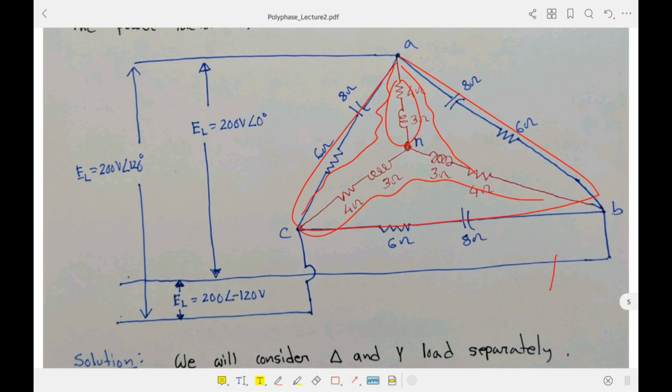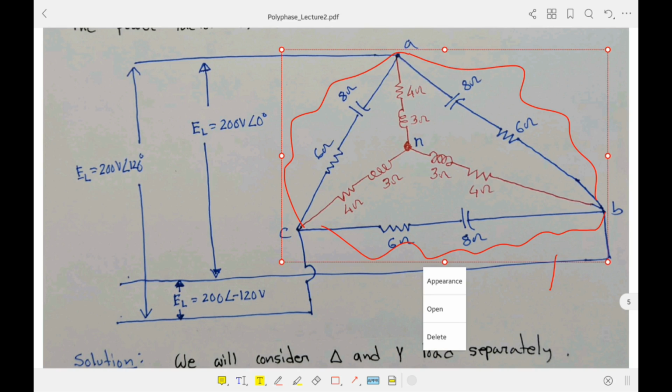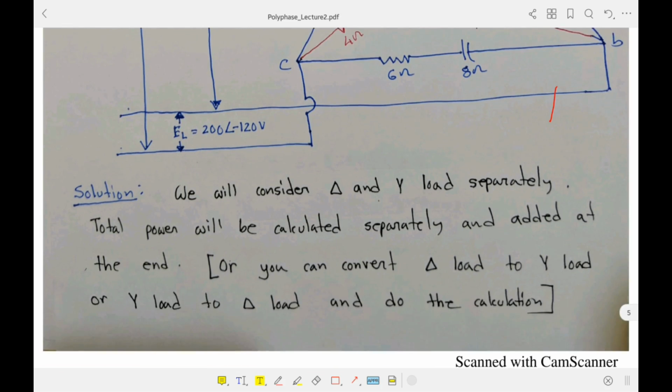Also, we can convert the middle Y connection to delta, so that it appears as just another delta here, and then we can determine the equivalent resistance and use the power equations for that delta connection. Another approach is to consider the Y connection and the delta connection separately, and then add the powers. So we will focus on the third approach here.